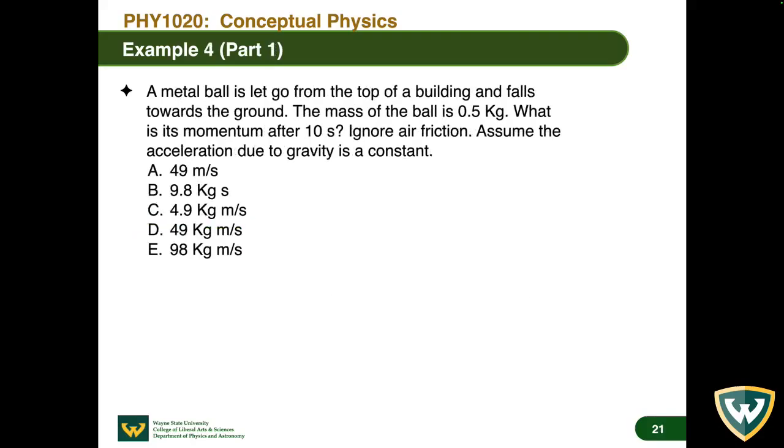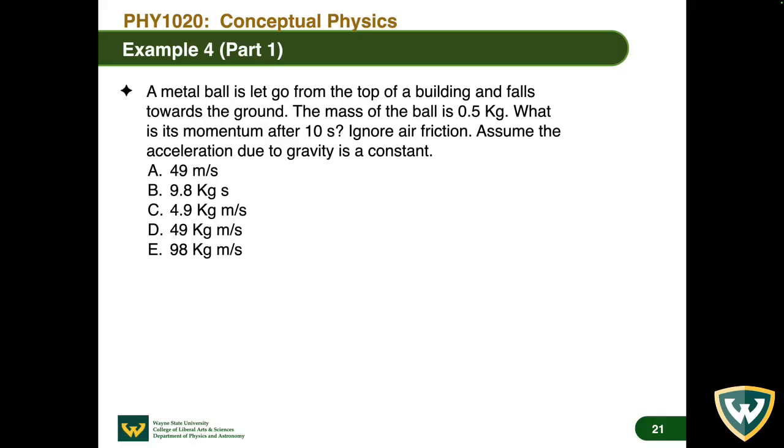Let's consider another example. Let's think of a metal ball that we let go from the top of a building, and this ball falls towards the ground. So we let go at 0 speed, and it just accelerates downward towards the ground.